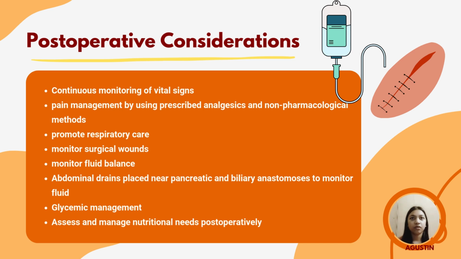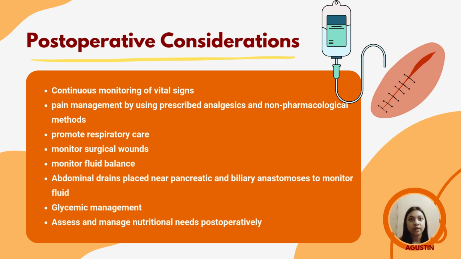Then, monitor fluid balance meticulously, including intake and output, to detect early signs of complications like pancreatic fistula or renal impairment. Then, abdominal drains placed near pancreatic and biliary anastomosis to monitor fluid. Then removed when output decreases and no pancreatic fistula is evident. So some patients may go home with drains and receive home nursing care.